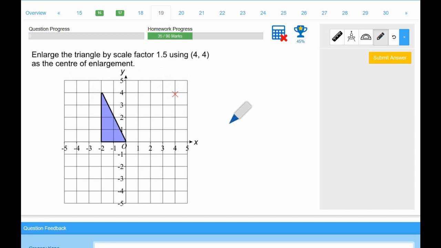And if I do that, I should get an answer that looks like this. There's my ray lines. You can just see that if that's got the 2, 2 times 1.5 is a width of 3. If this was a height of 4, then 4 times 1.5 gives me a height of 6, and my triangle does indeed seem to be correct.